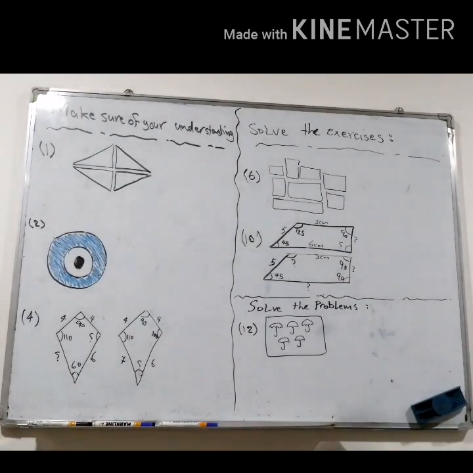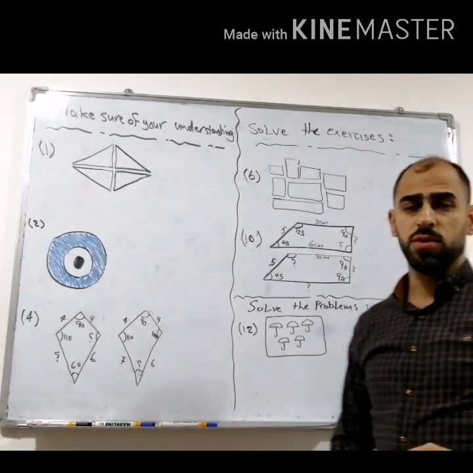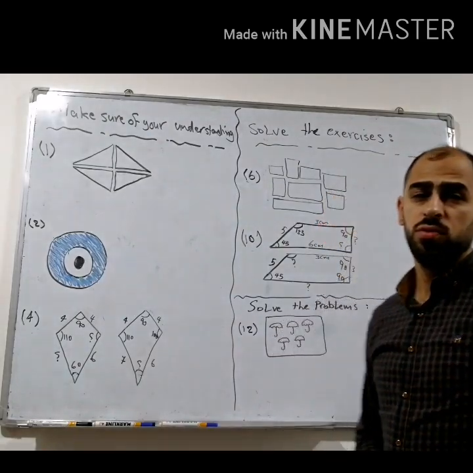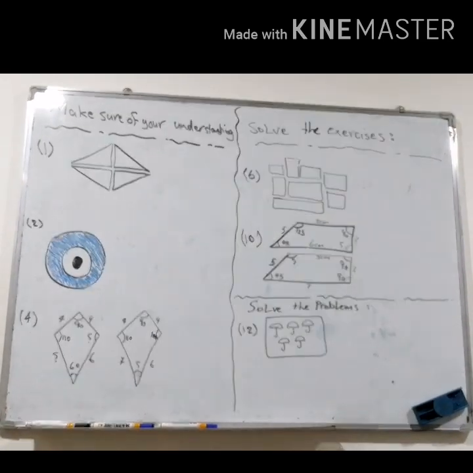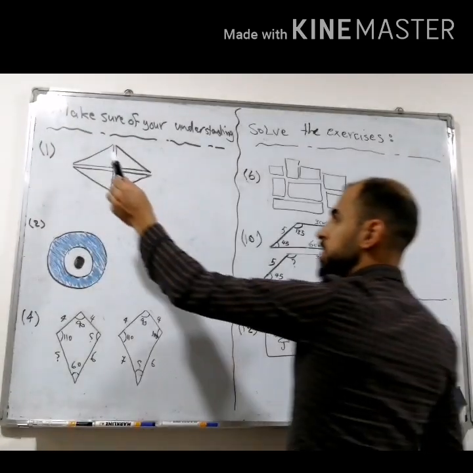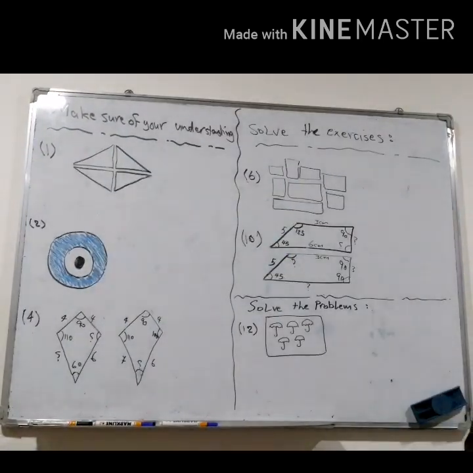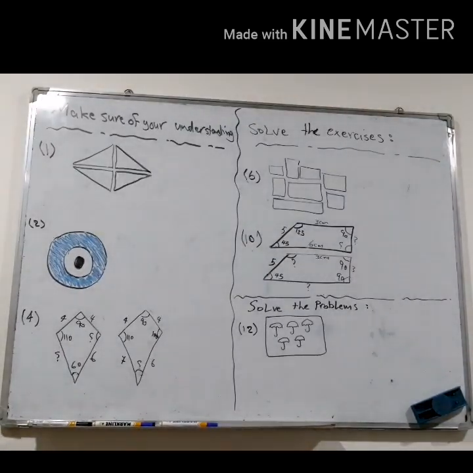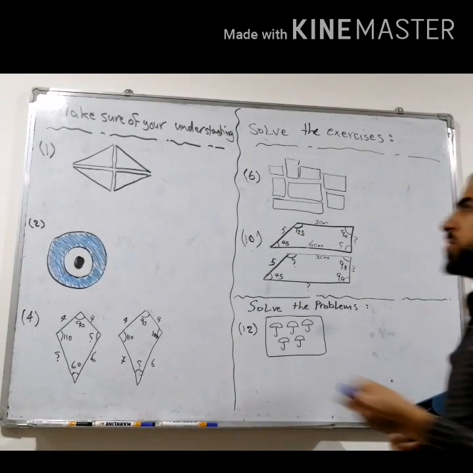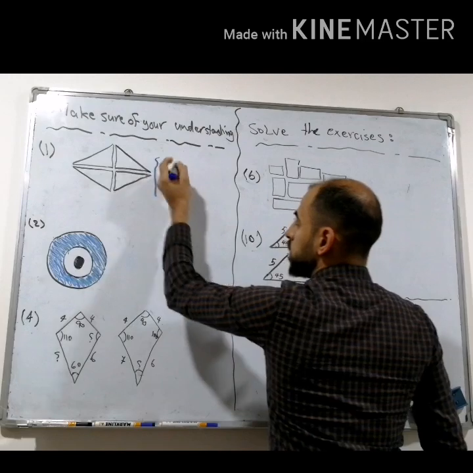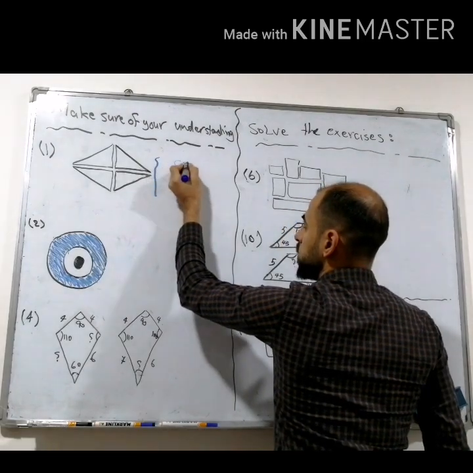First thing, the diagonals of the rhombus divide it into 4 exact pieces, or as we see, these 4 shapes are the same and similar because they have the same shape and size. So these shapes are congruent.